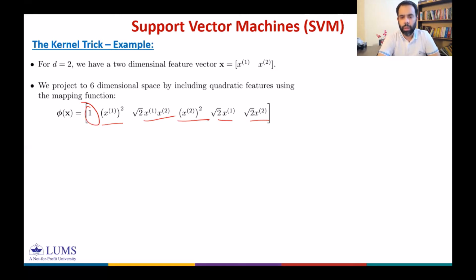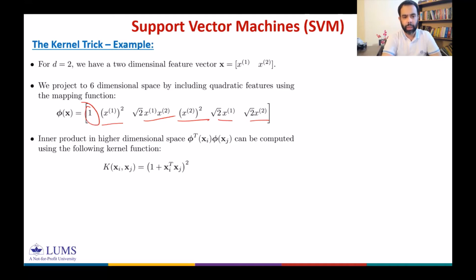Right? We know that if we want to find a separating hyperplane in this six-dimensional space, we are required to compute the inner product phi of some point transpose phi of some other point. But in fact, we can compute this by defining a very, very simple kernel.